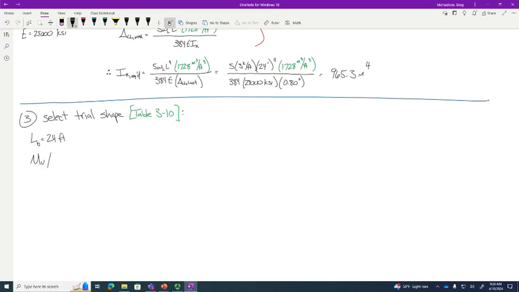We look up Mu over Cb, because the chart is designed for a Cb value of 1. What was Mu again? This is why I put it up here. 440.64.